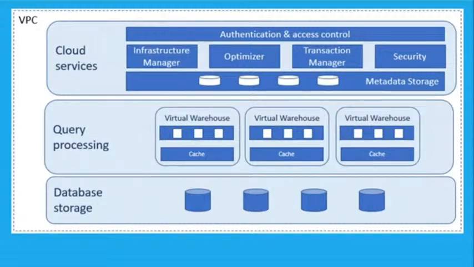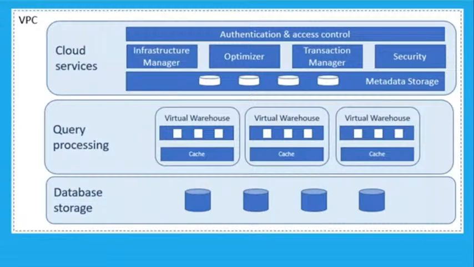In the query processing layer, the virtual warehouse is the hardware component which processes the requests. In your traditional database or data warehouse, you have CPUs, memories and everything. Like that, this is also a virtual warehouse. The virtual warehouse is the hardware resource in your Snowflake; you just can't see the physical devices.